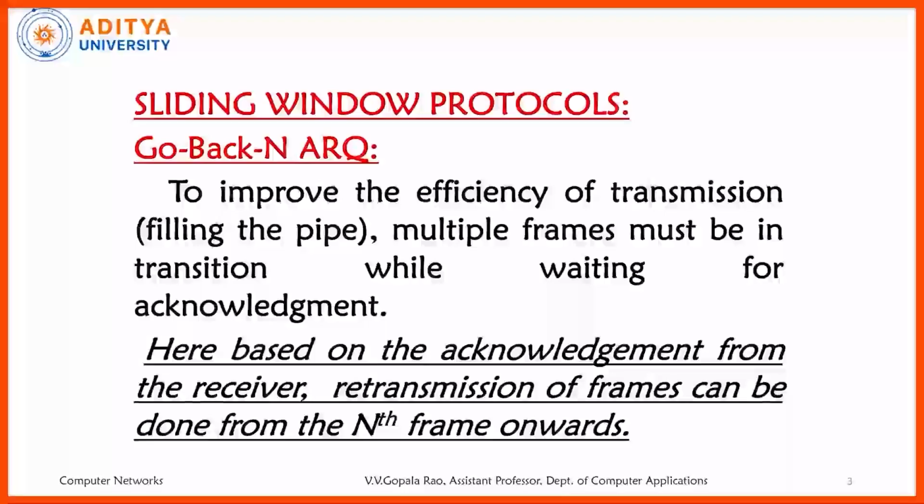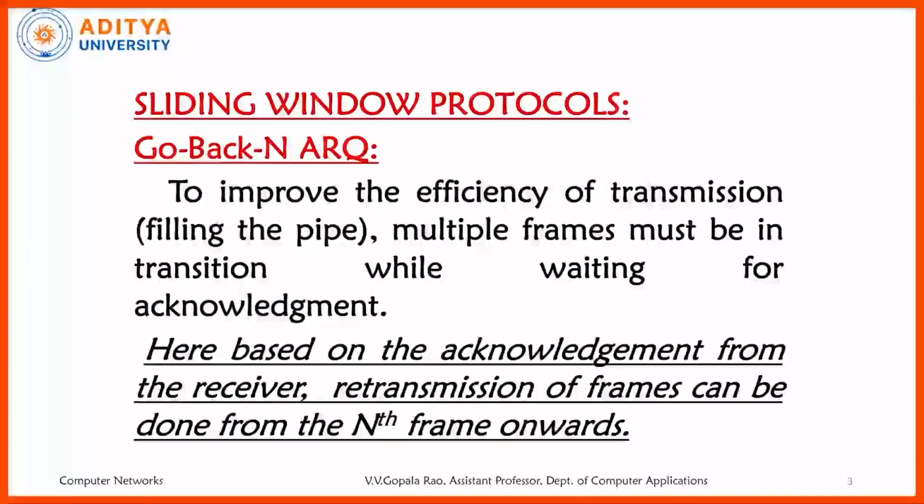For example, in a sliding window, you want to send a certain number of frames, but the frames should be placed in the actual window, so that the window can carry the information from the sender to the receiver. That means the window can accommodate more than one frame.